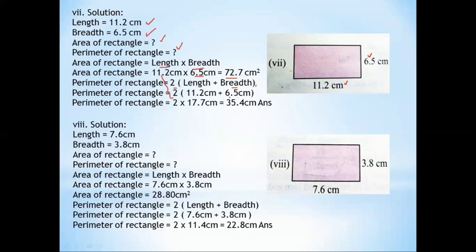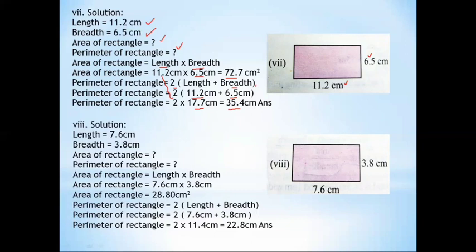Length is equal to 11.2 centimeter as mentioned in the figure. And breadth is equal to 6.5 as mentioned in the figure. Now, dear students, the values inside the bracket, we will do the addition first of all. And in the last, it will be multiplied by 2. Here 17.7. Multiplication with 2, its answer will become 35.4 centimeter.